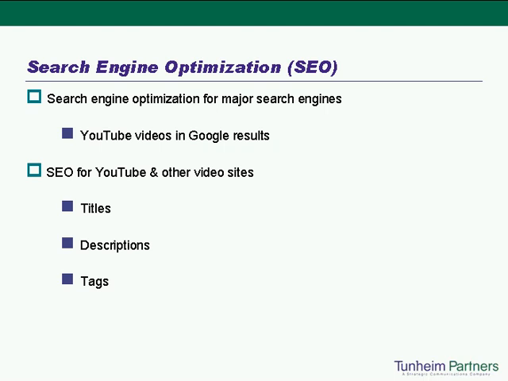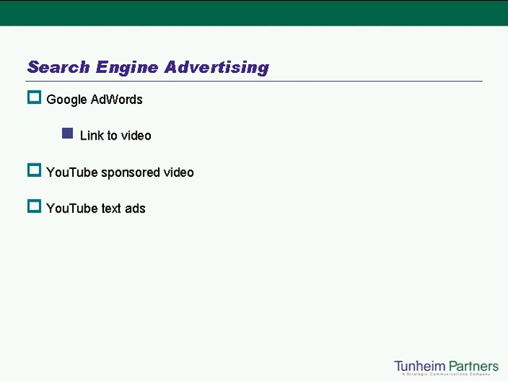Now, if you search for Google Insights for Search on Google, you'll get a link to a tool that is a keyword discovery tool. It's a way you can research what types of search phrases people are using for a given topic. So you can find out what people are actually searching for to find your types of jobs, and use those keywords in your videos to help them show up not only in the Google search results themselves, but also within YouTube.